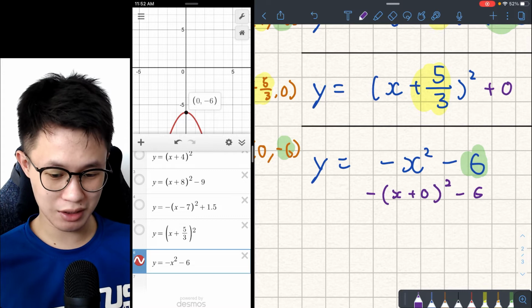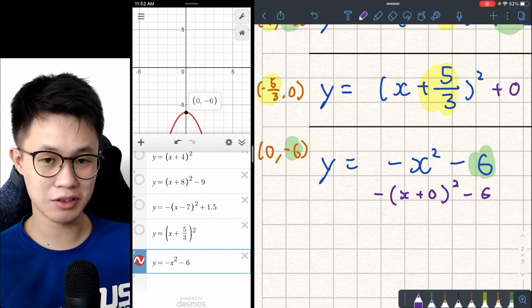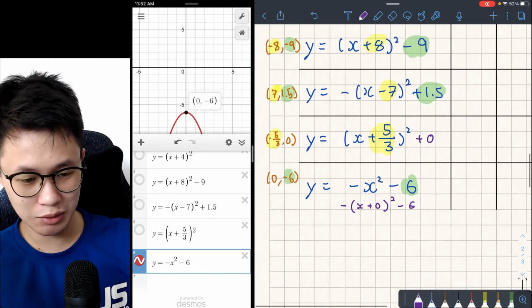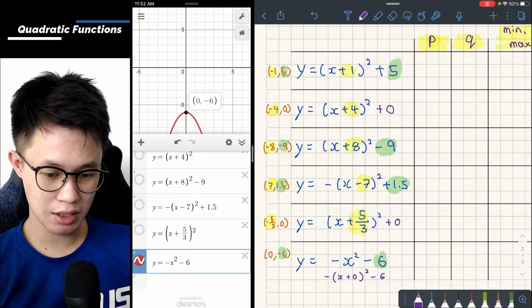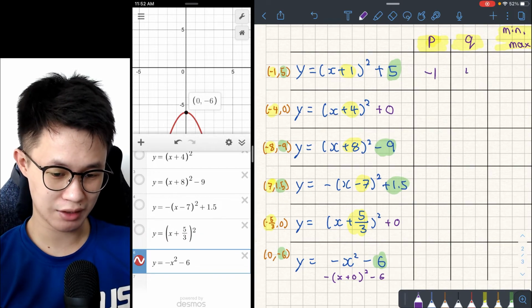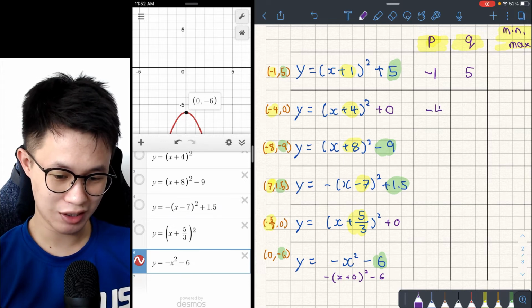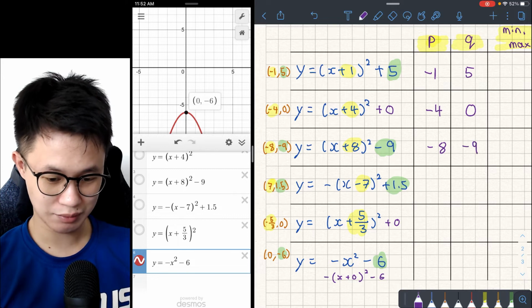This just tells us that the turning point has an x coordinate of 0. So we can easily infer the values of p and q here, which are simply the turning points. So this is -1, this is 5, this is -4, this is 0, this is -8, and this is -9.